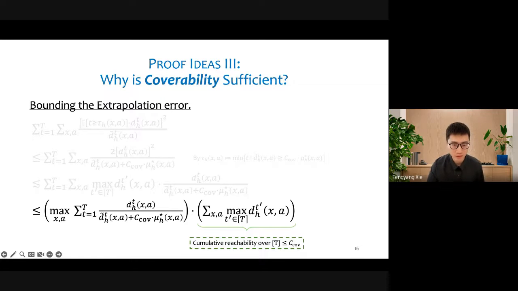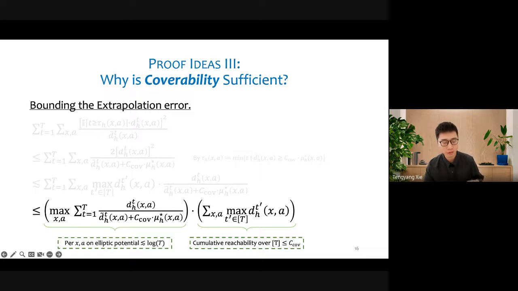So this term can be bounded by C cover. And for the other term, that is actually the per state action elliptical potential, which can be bounded by log T. Note that we don't have a sum over x and a here, we take the max over them. So we just take the elliptical potential argument and that's bounded by log T, and so we are done.